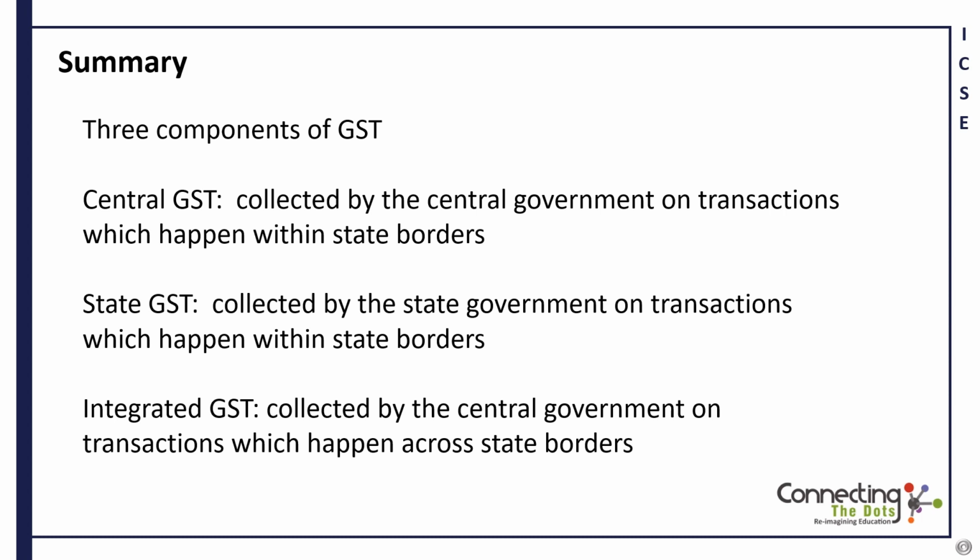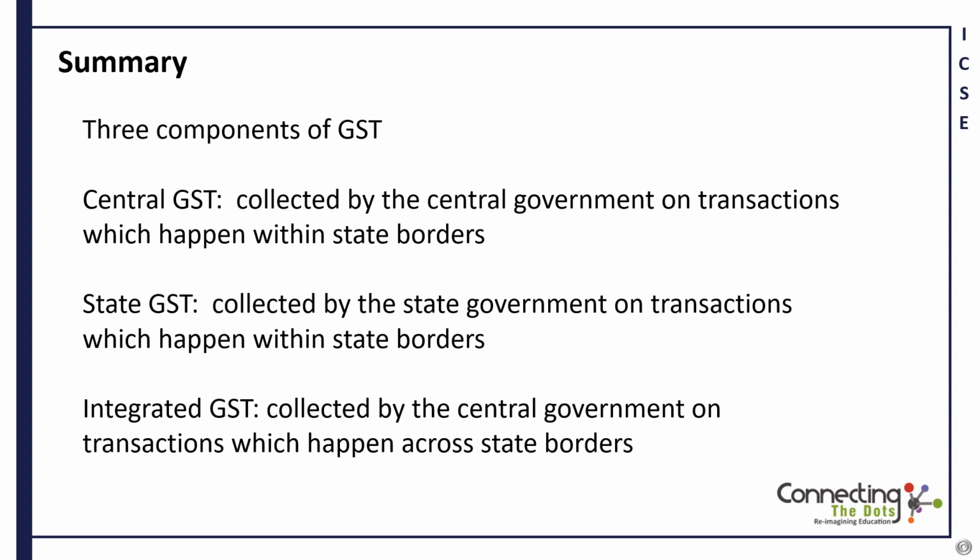So let's quickly summarize what we have done in the first class on GST. I told you what tax is and why governments impose tax on people and companies, and government uses the money to provide essential services to the citizens of the country.